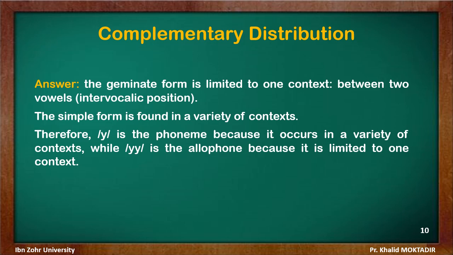So here we're applying, if you remember, the principle of frequency of occurrence: the geminate occurs in one context and the simple form occurs in several different contexts, therefore satisfying the elsewhere condition. I guess that rings a bell. We move on to the next slide.